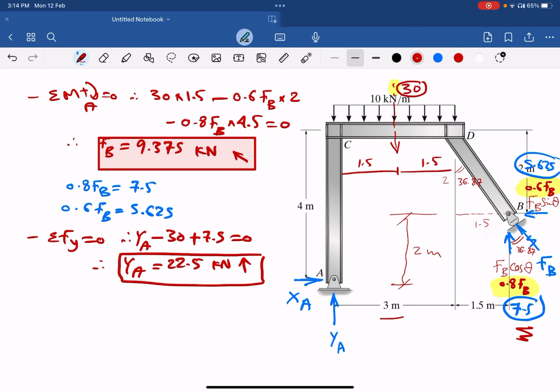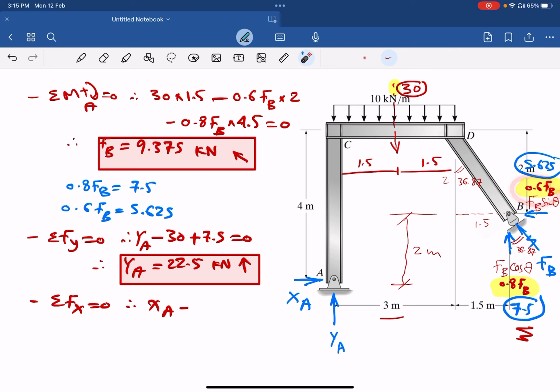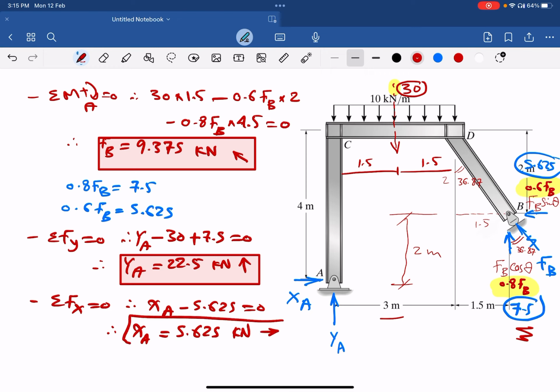Then summation of Fx equals 0, therefore XA minus 0.6 FB, which is 5.625, equals 0, so XA equals 5.625 kilonewton, going in this direction as we assumed.